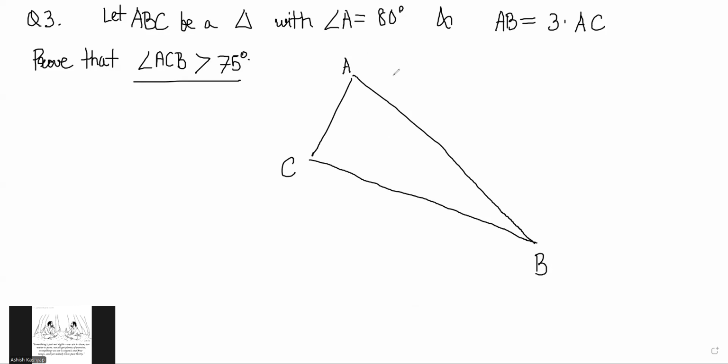Notice that I have made a figure in such a way that it looks like AB is 3 times AC. And this angle is close to 80 degrees. That's why I have drawn it like this, which is almost looking like a 90 degree. So this angle is 80 and AB is thrice of AC. You have to prove that angle ACB is greater than 75.